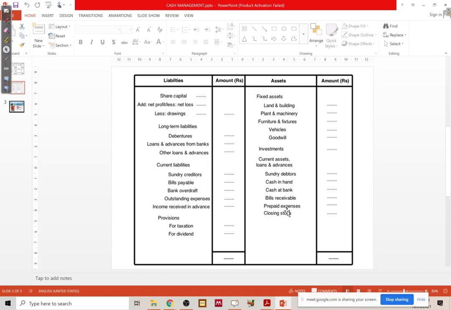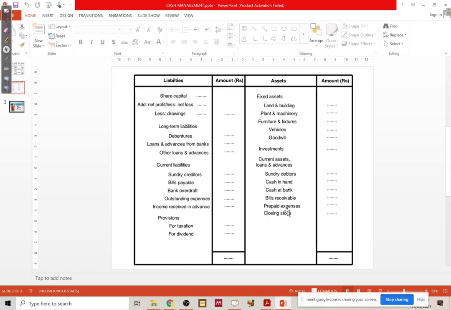Okay, so it can be, like I said, currency, that is loose cash or liquid cash that we have. It can be checks which we have already received from all our debtors. It can be also the money that is already deposited in a bank account and we have as a bank balance. So cash in hand, cash at bank. Fine.